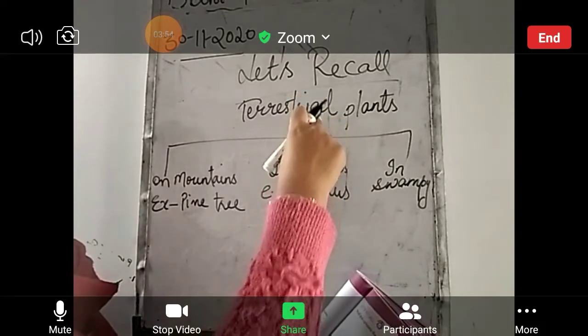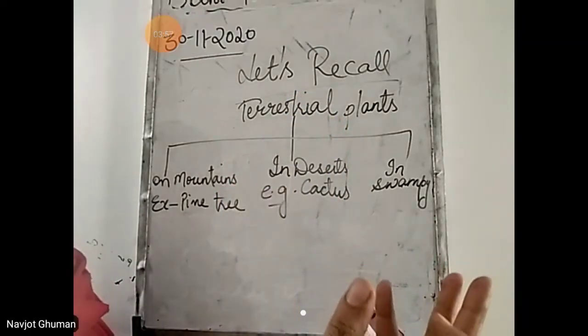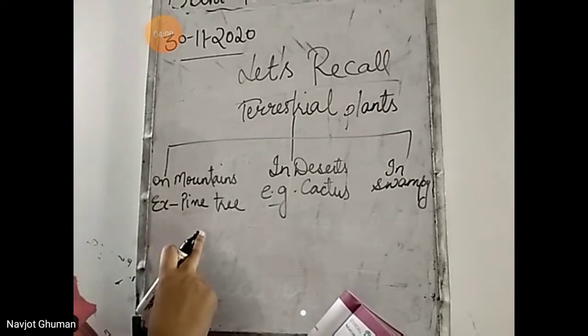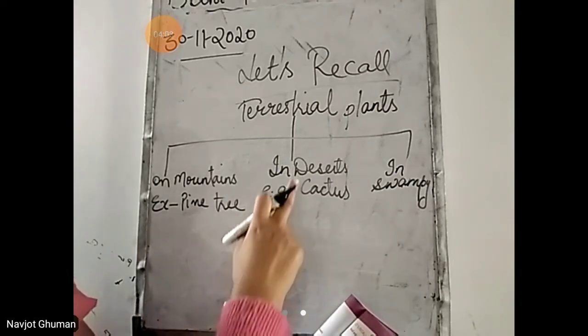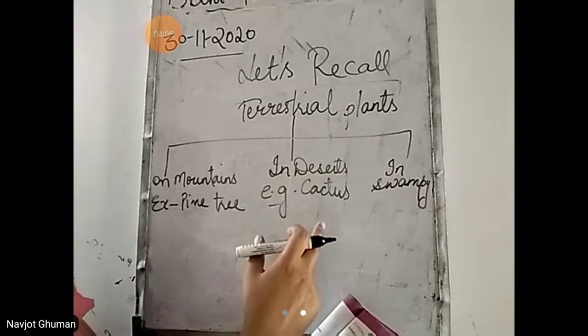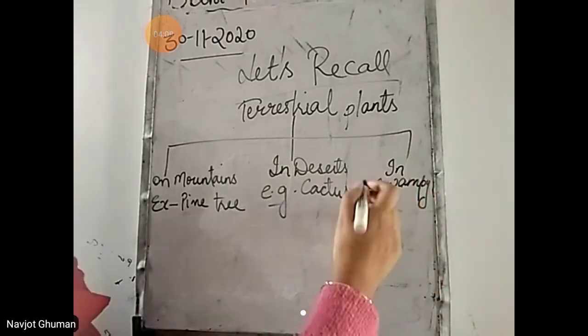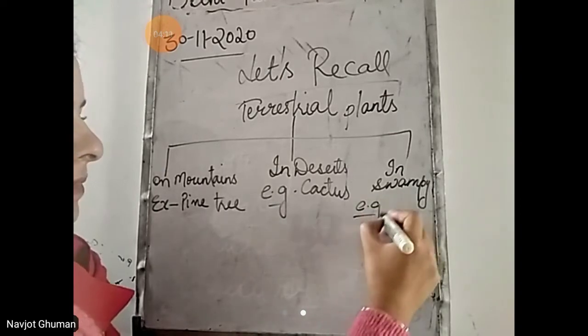They have asked about the terrestrial plants, where the terrestrial plants grow. First they have given on mountains, example pine tree. Second, in deserts, example cactus. Next is in swampy areas, example mangroves.